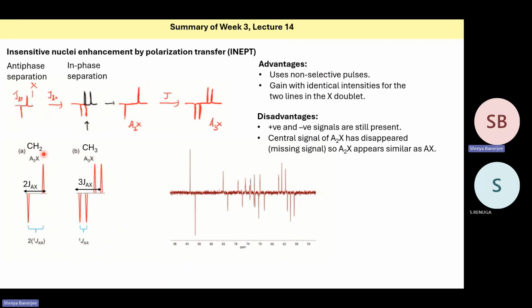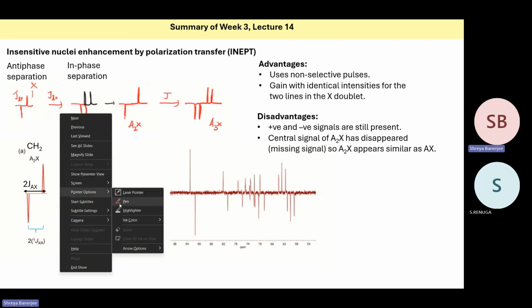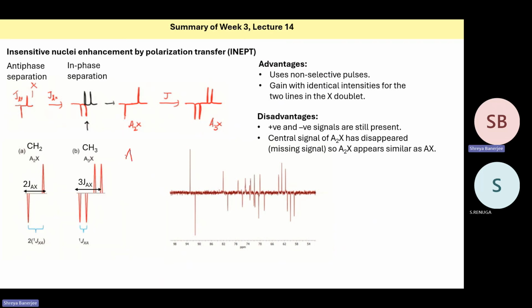Now, what if you have an A2X system? The negative line will split into two. Earlier you had A and X. X was interacting with only one A, and it split into one negative and one positive signal.